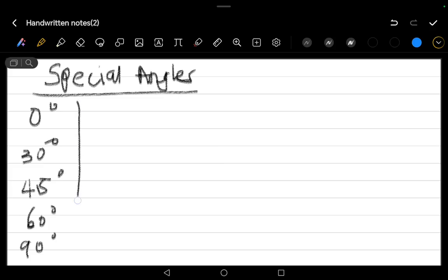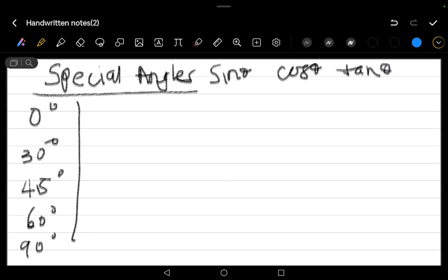We're going to get the sine of 0, the cos of 0, the tan of 0. We're going to get all the angles here using trigonometric ratios: sine, cos, and tan. So we're going to have the sine theta, cos theta, and tan theta.